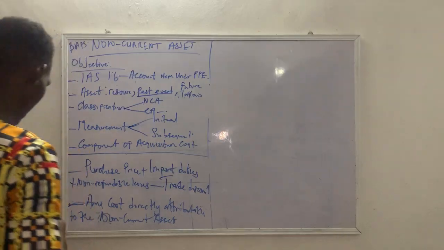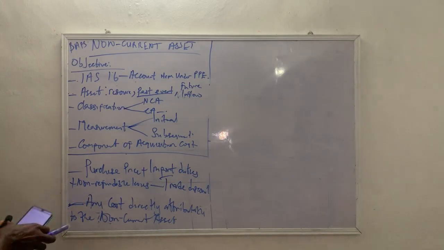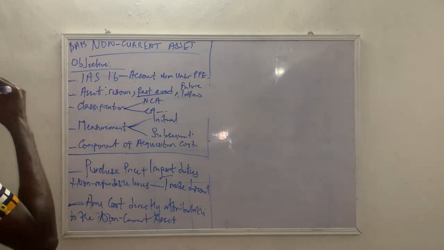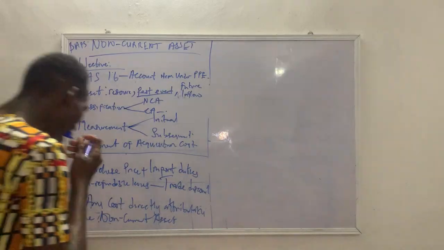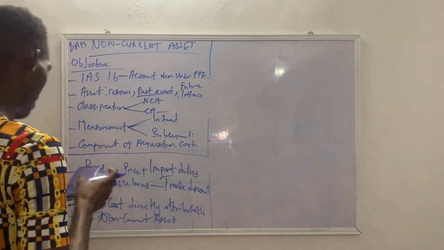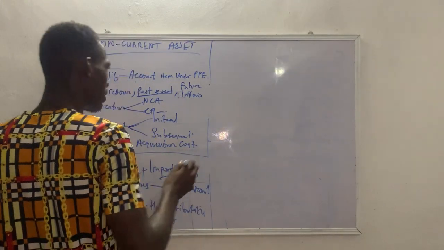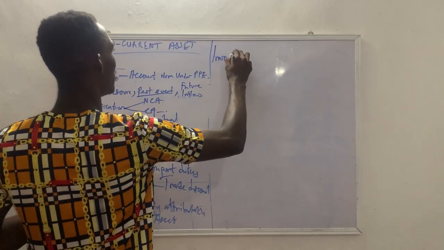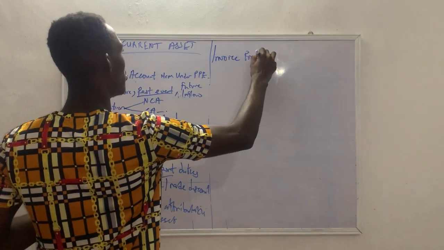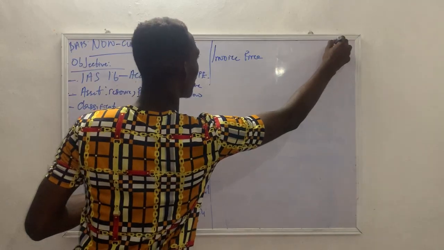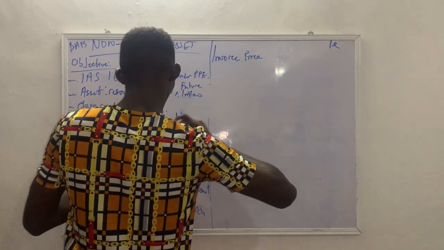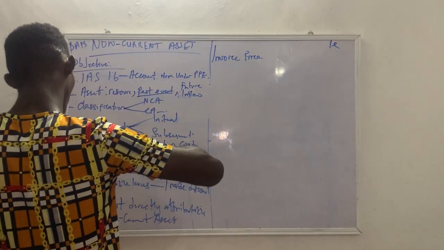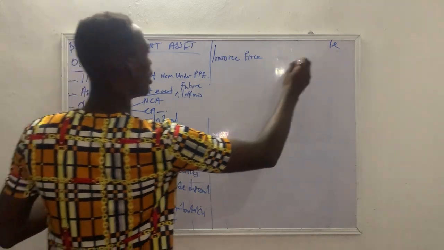Now, like I said, let's follow this step, it is going to help us solve this properly. The first price is what? Invoice price. Now, the currency really matters a lot. So what's the cost? 100 million.